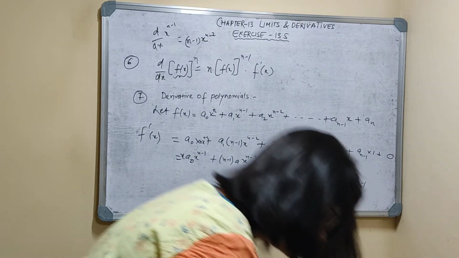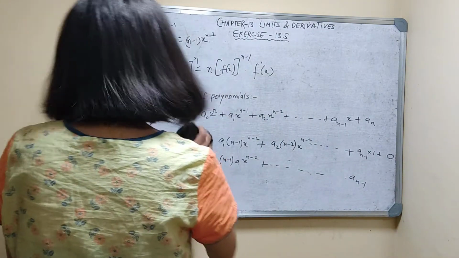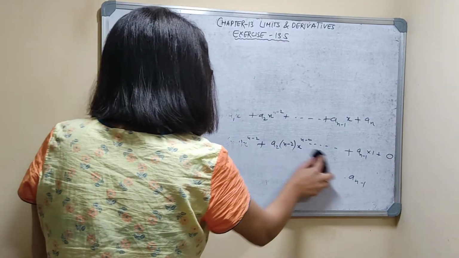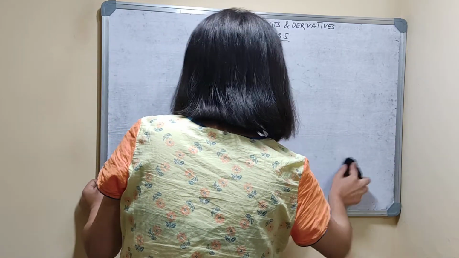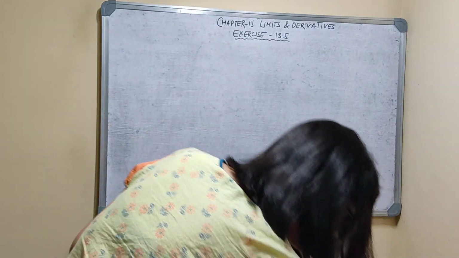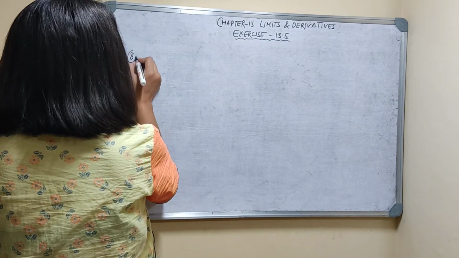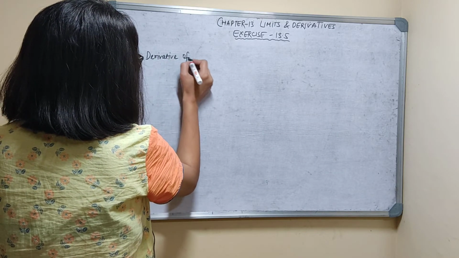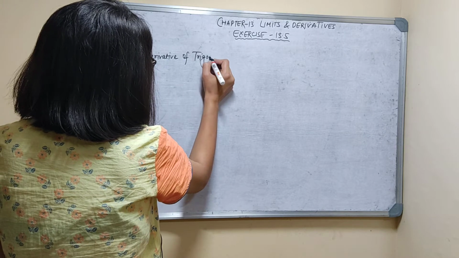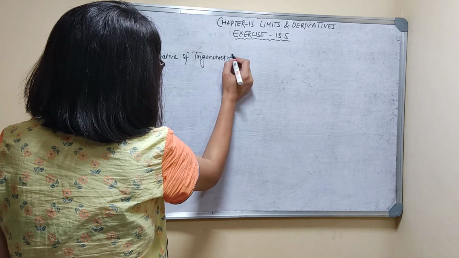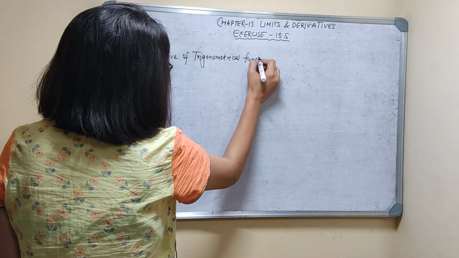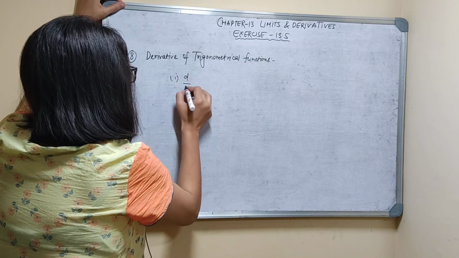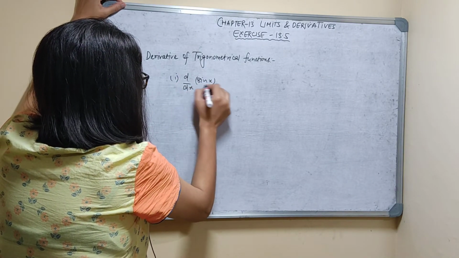Okay. Now derivative of trigonometrical functions. d by dx of sin x is equal to what?